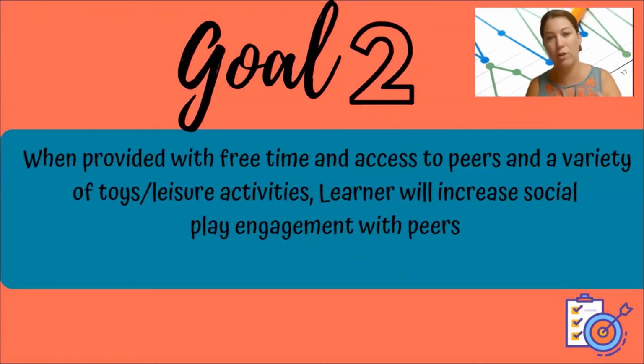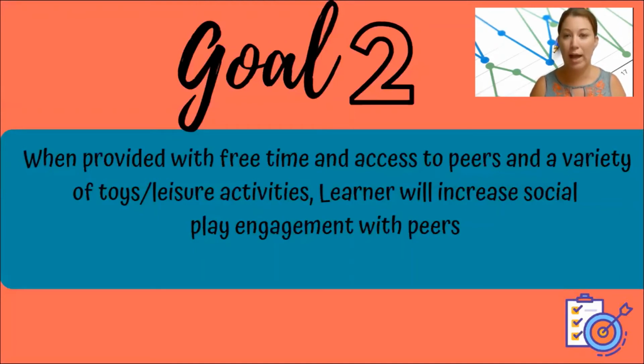It's a higher level. You're at semi-social play now, and you're moving towards social play. So if we're consistently at parallel play, then I am really glad to see more associative play. That demonstrates an increase in social play engagement with peers. So momentary time sampling data for this one, compared to percent of opportunities for goal number 1.